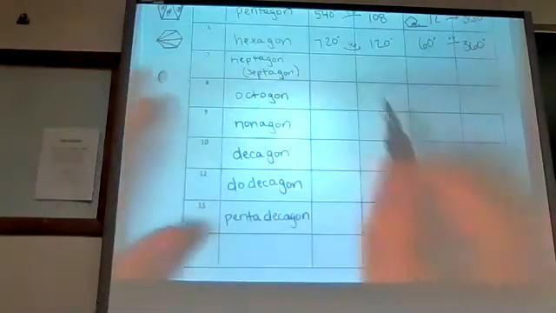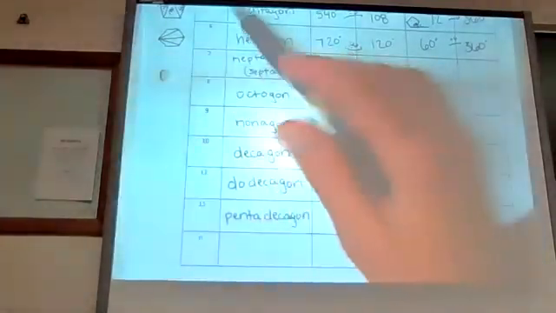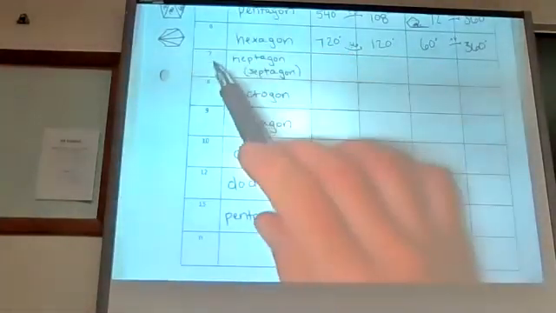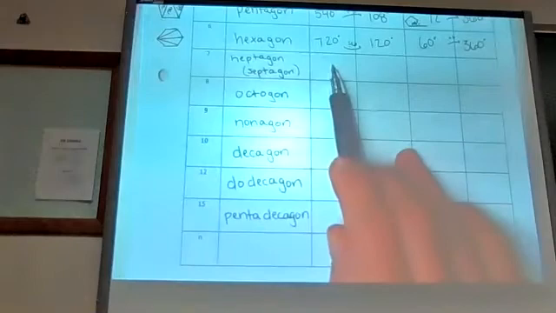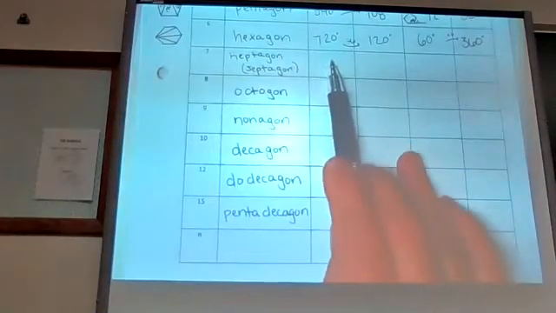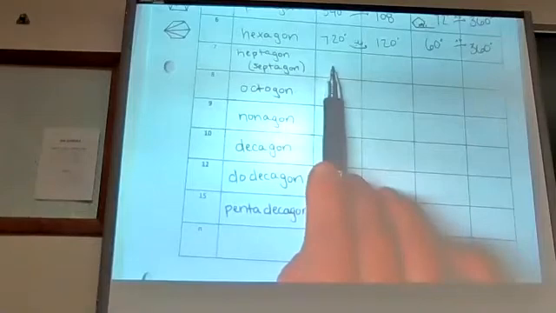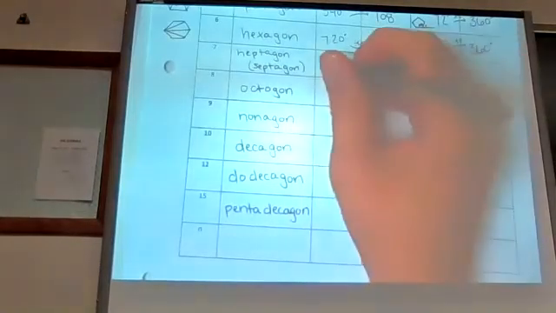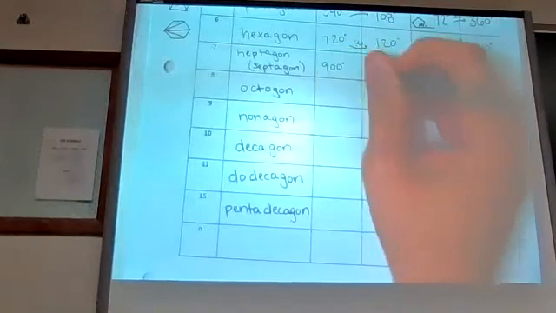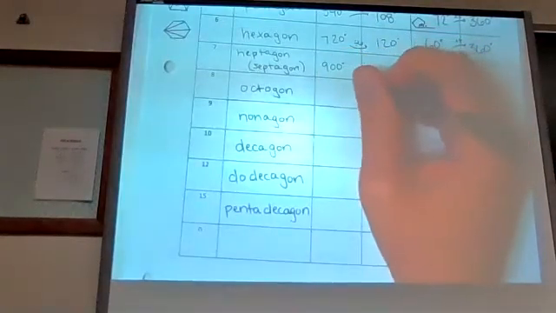Okay, so we've seen this increase of a triangle with each increase in side. If I add another triangle, if I add 180 to above, how many total degrees would this be? 900 degrees. Now this one gets tricky. This is part of the reason why we use a calculator. 900 I cannot evenly divide by 7.